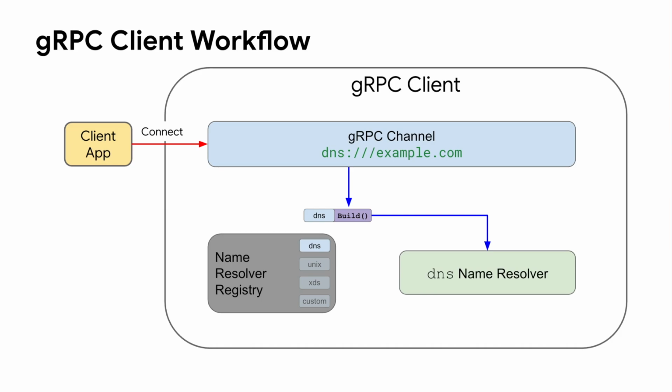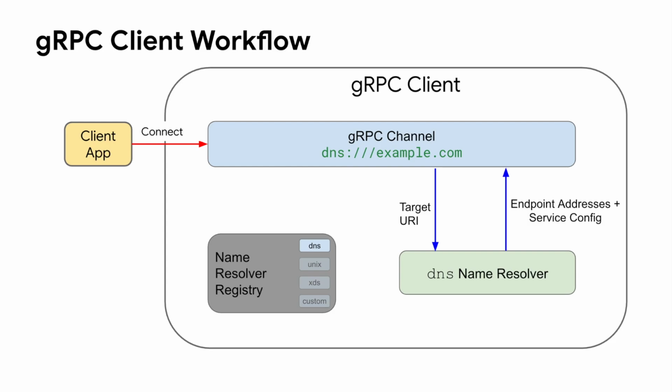When the channel invokes the build method, a new instance of the DNS name resolver is created for the channel. This name resolver instance is specific to this channel. The gRPC channel then sends the target URI to the name resolver instance. The name resolver instance performs the actual resolution and returns endpoint addresses and the service config to the channel.